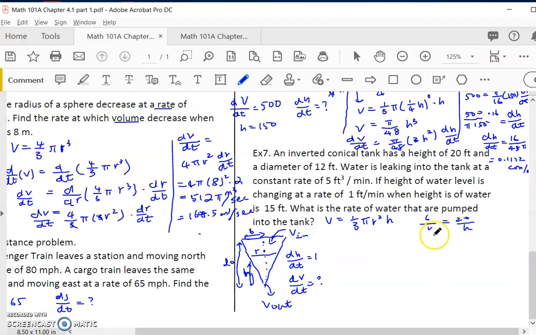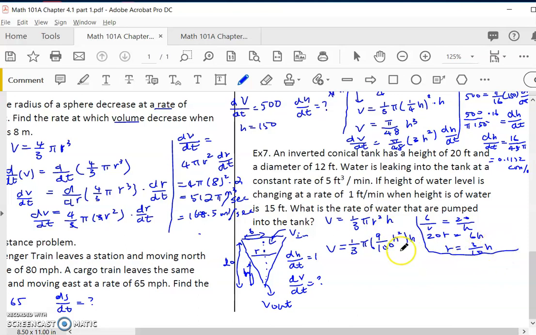If you cross-multiply, then 20r equals 6h. r is equal to 3 over 10 h. Put it back in here, so this is just relating r and h. 1/3 pi times r squared, which is 9 over 100 h squared, times h.